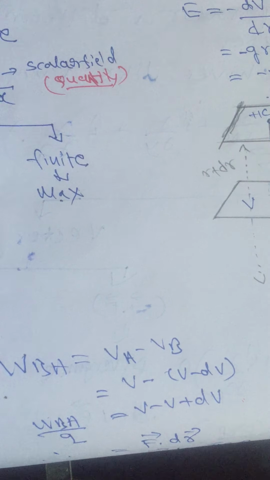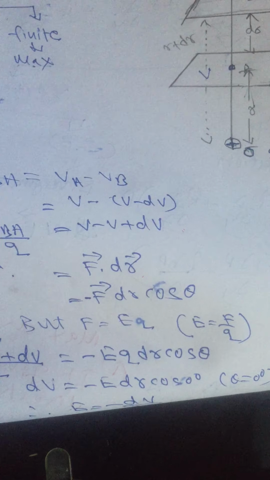Here you know the definition of work. Work is equal to what? Force into displacement, that is F dot dr. Naturally it is a dot product, F dr cos theta. I put the negative sign because the work is done against the field. Then theta is equal to 0 and F is equal to EQ.